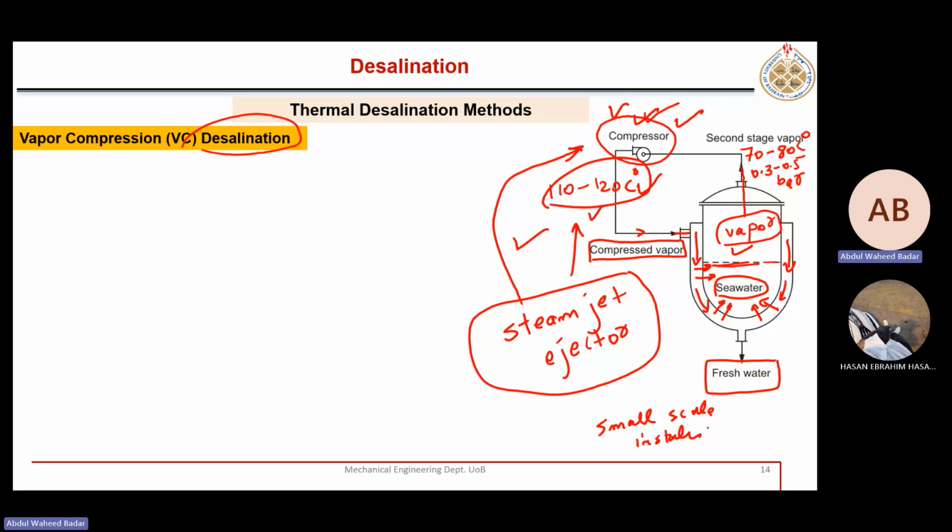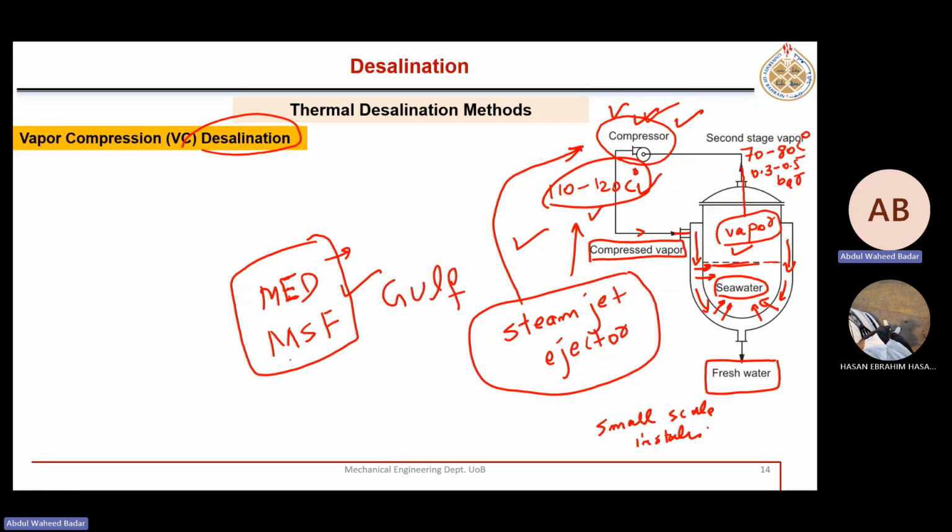So for very large applications, normally MED or MSF systems, thermal desalination systems, are used, especially if there is a cogeneration plant, if there is waste heat available in a power plant. So that is the most common technology used all over Gulf countries, especially this MSF, because MED is although more efficient, but it's more costly.